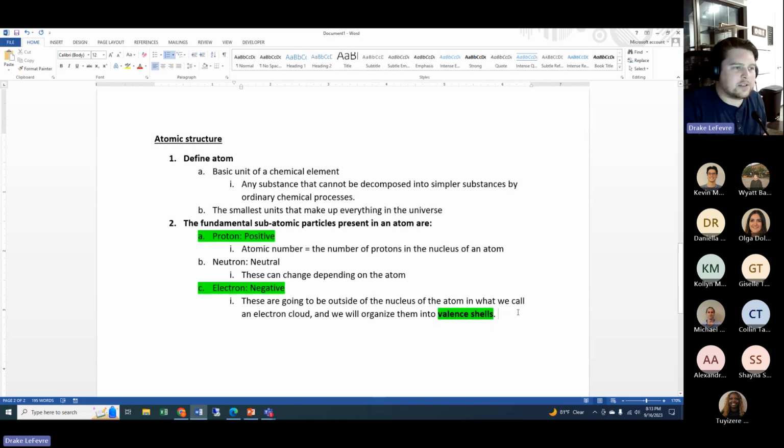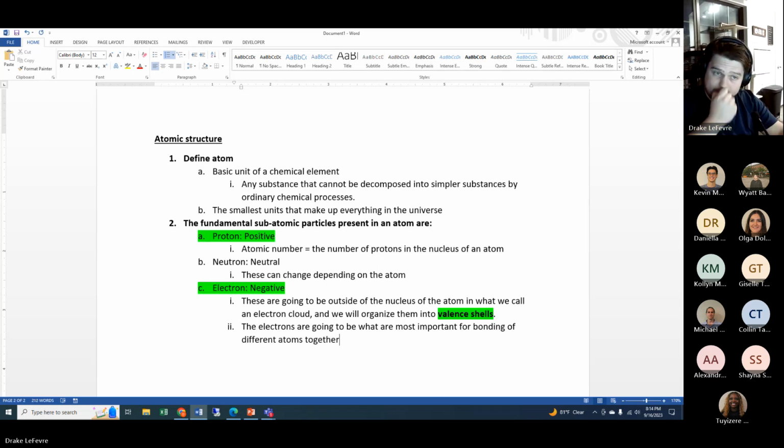We're going to say that valence shells are the organization of the electrons, and they are the most important when it comes specifically to bonding. So the electrons are what are most important for bonding of different atoms together.